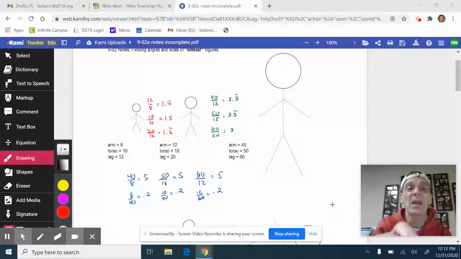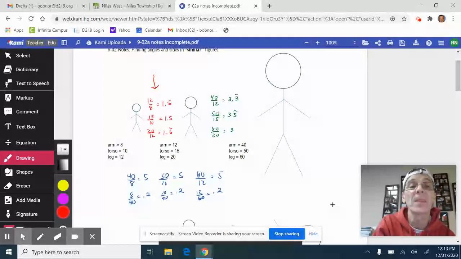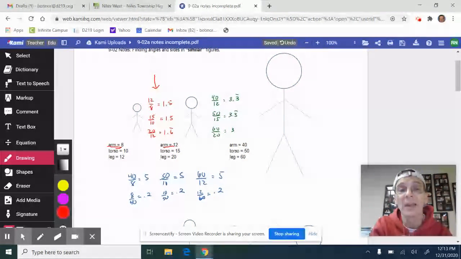Now, when I compare the corresponding measurements between two figures, as we can see here in red, I have divided the arm length of this middle stick figure by the arm length of the first stick figure. 12 divided by 8 is 1.5, so the middle figure's arm length is 1.5 times the first figure's arm length.